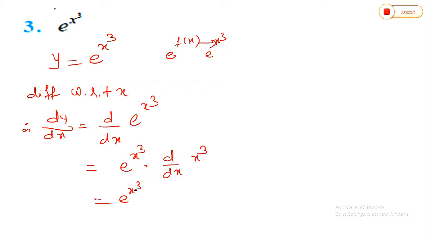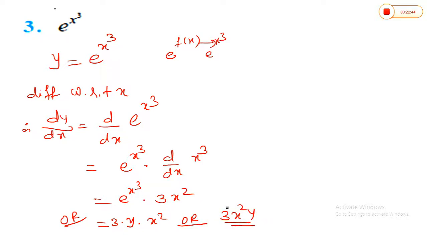The derivative of x cube is 3x square. Or you may write y into 3x square, or 3x square y is the answer. Thank you.